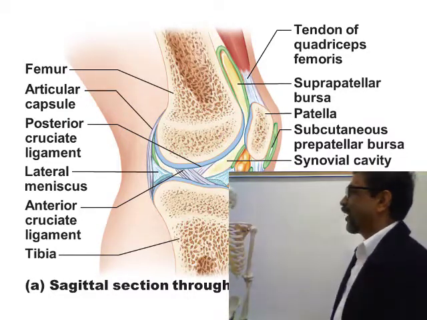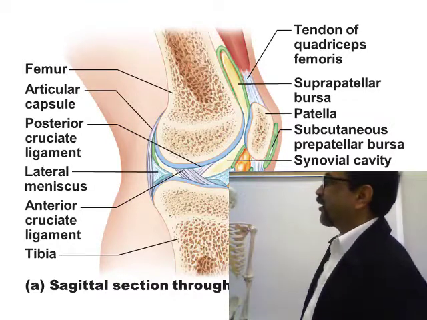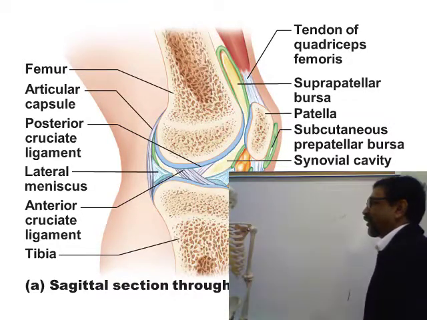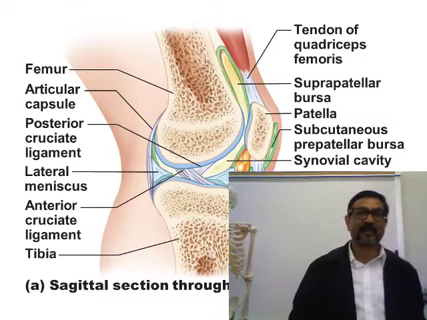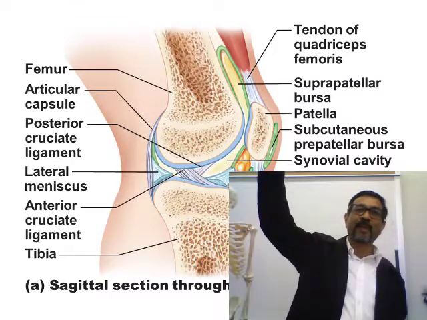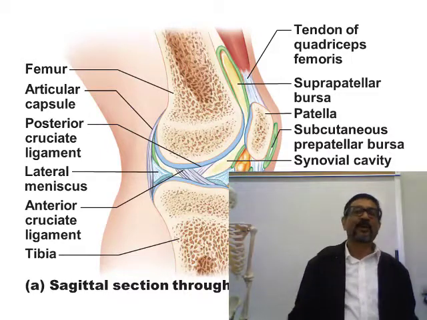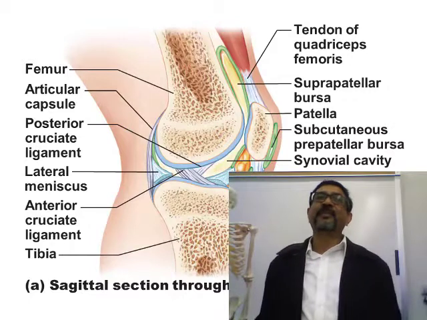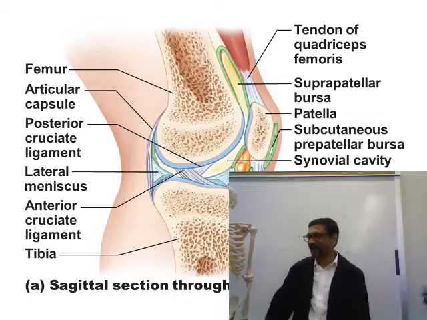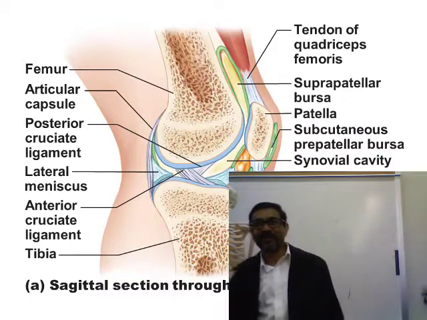Below the patella, you see infrapatellar bursa. So suprapatellar is above, infrapatellar is below. Now, just in front of the patella, that means under the skin, right? Because you have the skin, then the patella, right? Here.